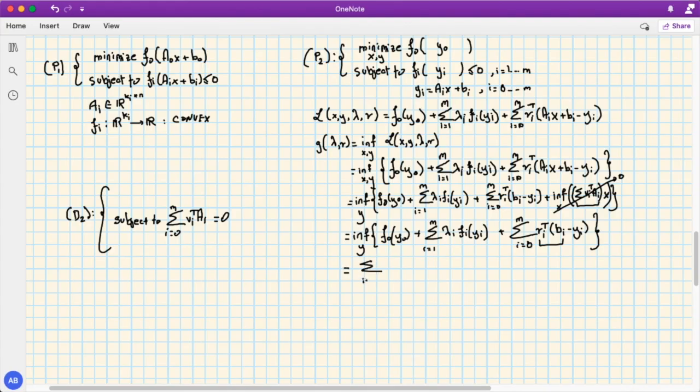So we get a sum from i going from 0 till m of this term that does not depend on yi's plus the infimum over y of f0 of y0 plus the sum on lambda i fi of yi plus the sum on nu i transpose yi, or this is a minus because we have a minus over here. So a minus.